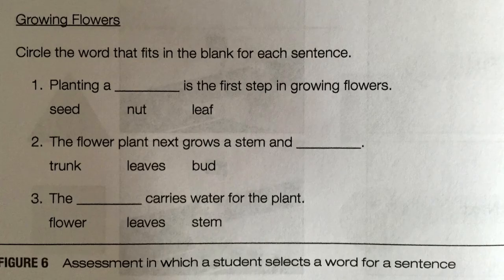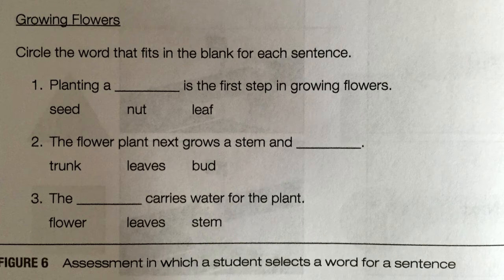The example here shows a worksheet where beginning readers can match sequence pictures with sequence words by drawing lines between pictures and words. It's from your textbook. This is an example of a fill in the blank question test.